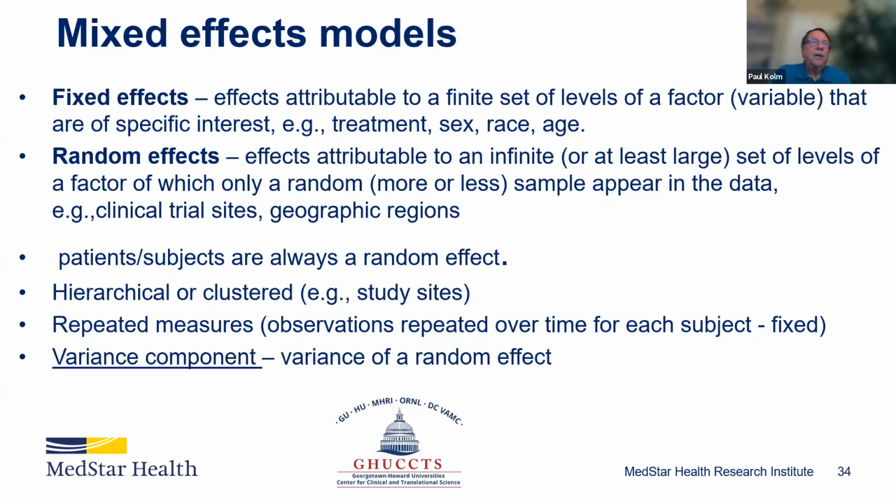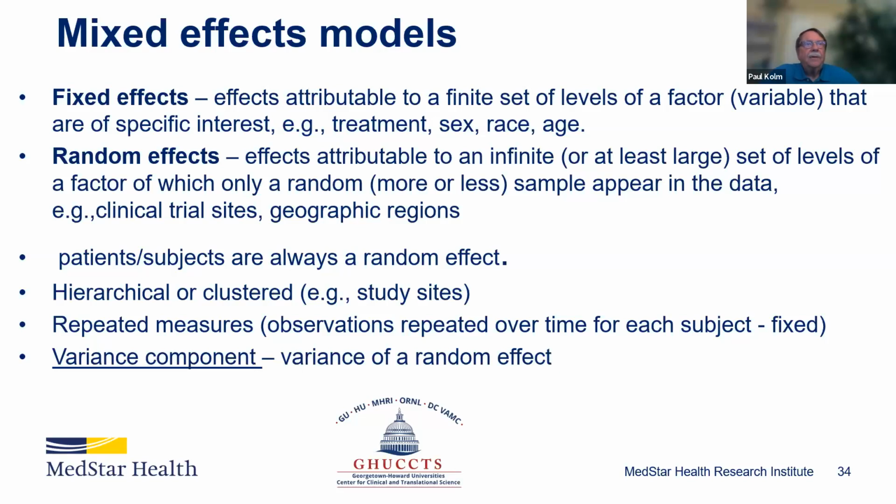Examples of this are clinical trial sites or geographic regions, where those might influence our results if we have patients coming from different sites or different geographic regions. Just a couple of points here. Patients or subjects are always considered a random effect, even if the study is non-randomized.